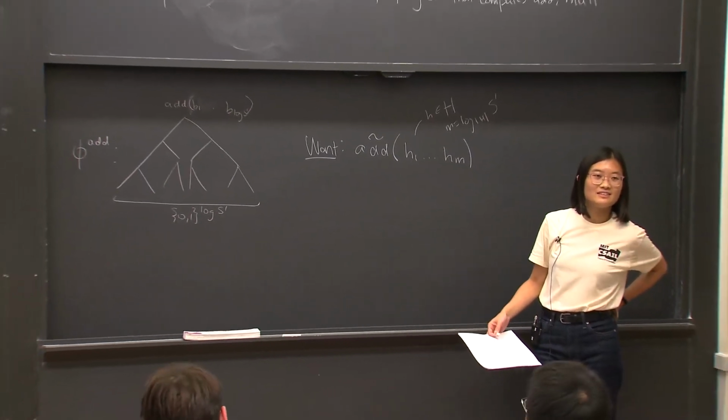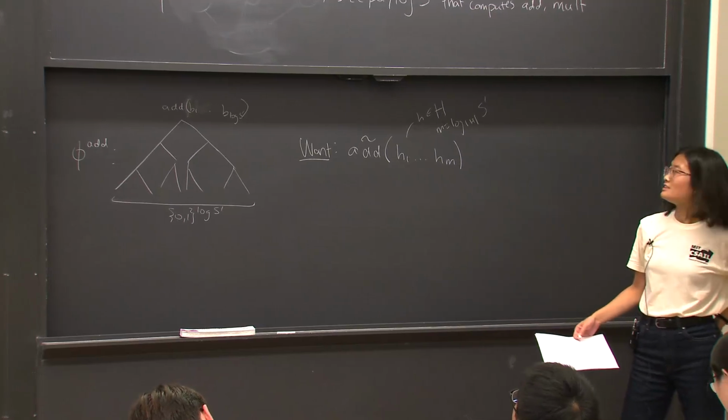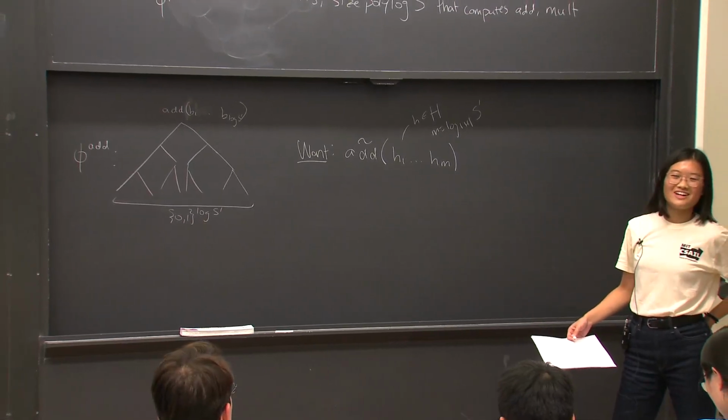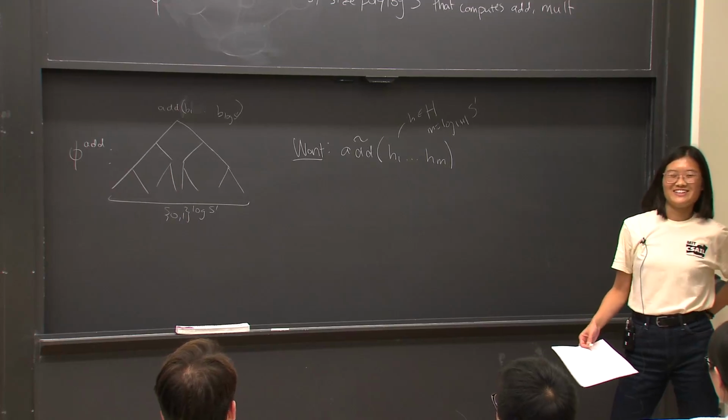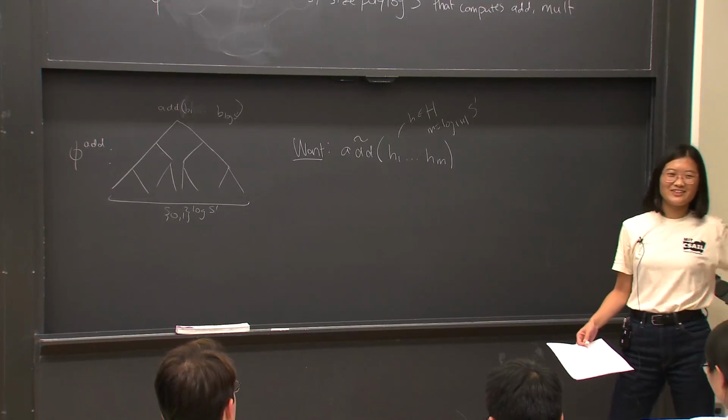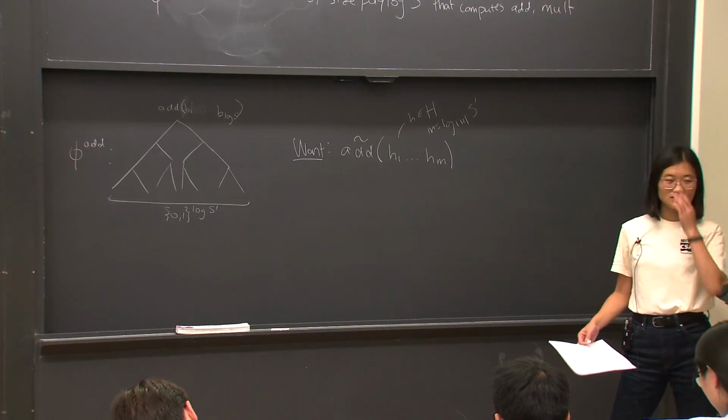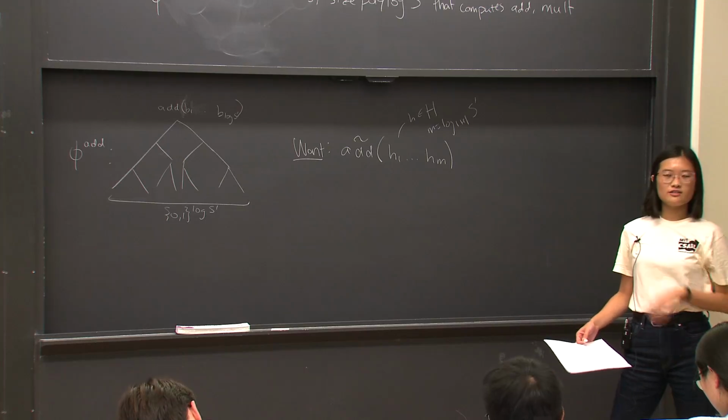Sorry, I have a question. It is a low degree extension, but aren't low degree extensions unique? It's an extension that has low degree, but it's not the lowest. It's somewhat low, low enough degree, and it's not going to be the lowest degree.